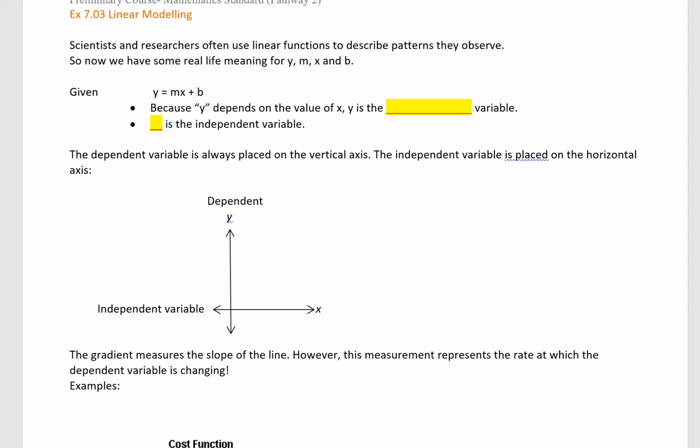If you're asked a question like, what does the gradient represent? Then you're expected to give a worded answer, and it might be something like the increase in the population per year, or the decrease in the price per kilogram.